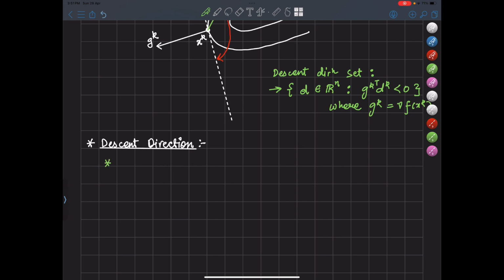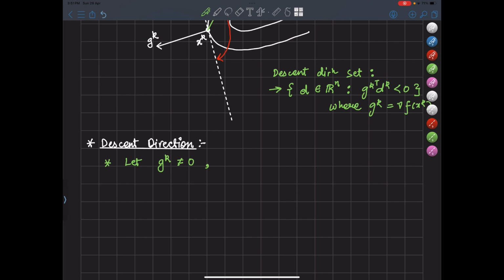Let at a current point the gradient not be equal to 0, because if the gradient is 0, we are actually at a stationary point, and at that point we cannot depend upon gk to find the descent direction.